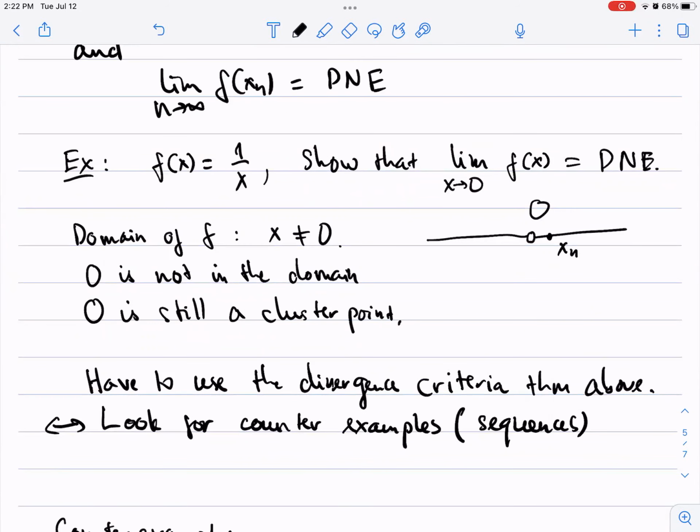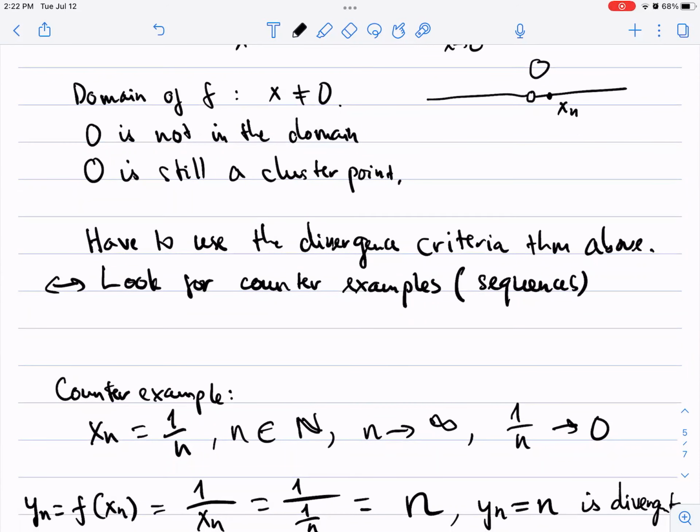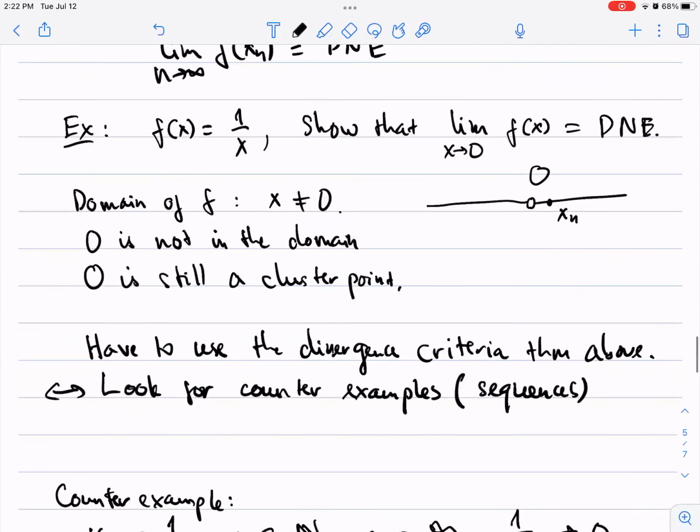Here is an example, the function f(x) equal to 1 over x. We want to show that the limit of f(x) when x approaches 0 doesn't exist. So the domain of f here consists of the points x different from 0. So 0 is not in the domain, but 0 is still a cluster point. Then we have to use the divergence criterion theorem above, which is equivalent to looking for counterexamples.